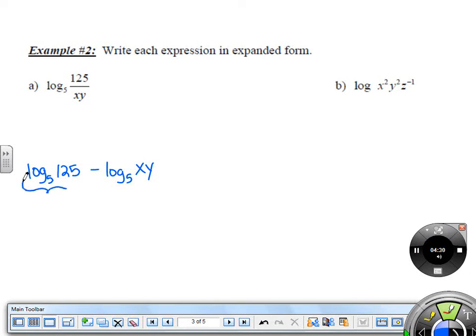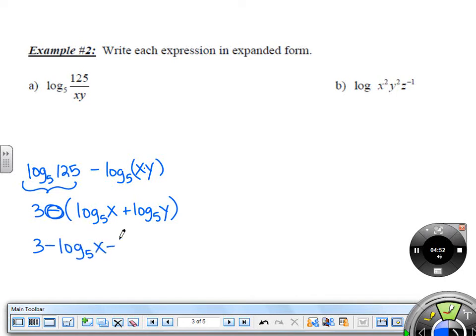This I can actually calculate as 3. And here, this is an x times y. So this can be split up into log base 5 of x plus log base 5 of y. But don't forget that that entire thing was after this minus sign. So if you expanded it all the way out, that minus would get distributed to both of them.